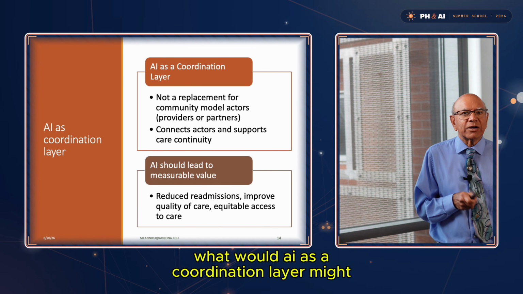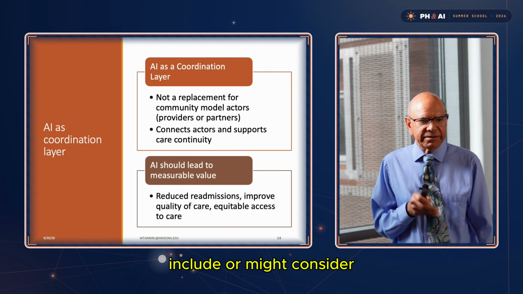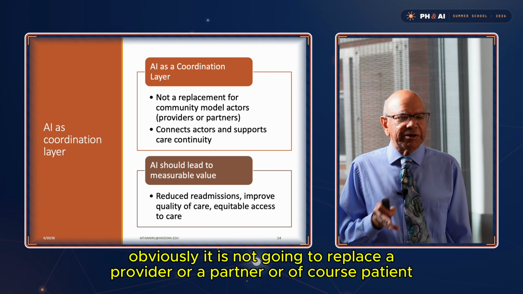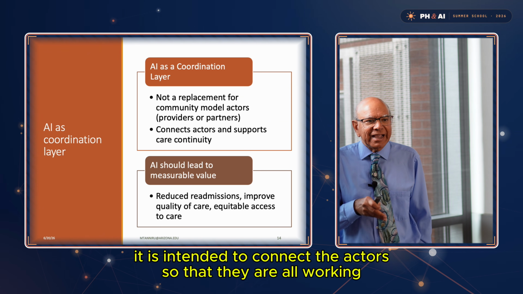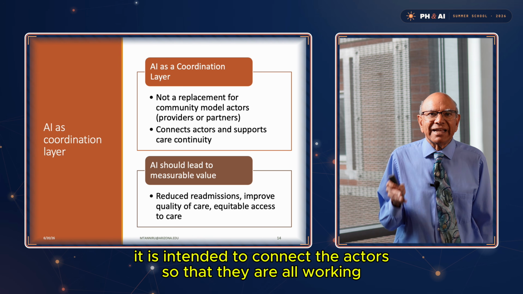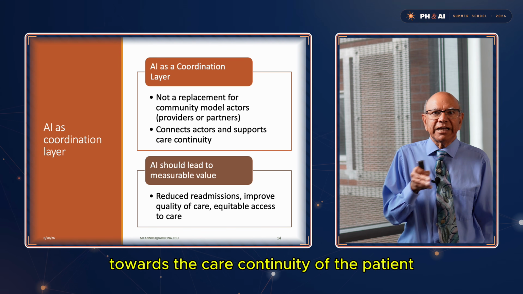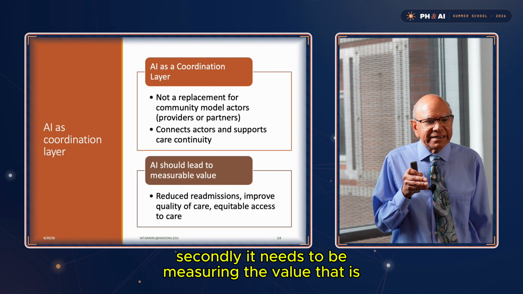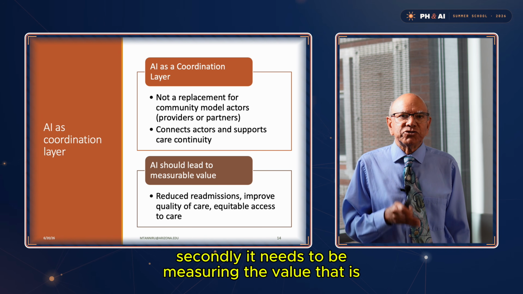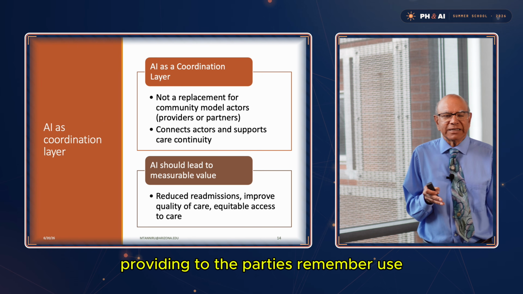What might AI as a coordination layer include or consider? Obviously, it is not going to replace a provider or a partner or, of course, the patient. It is intended to connect the actors so that they are all working towards the care continuity of the patient. Secondly, it needs to measure the value that it is providing to the parties.